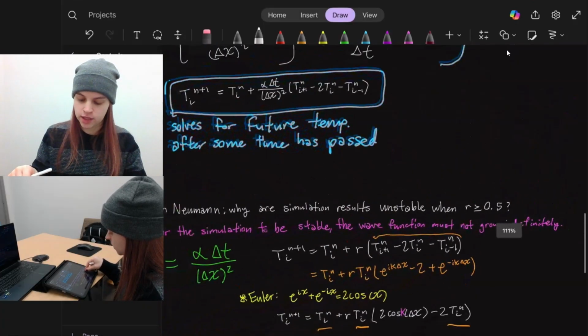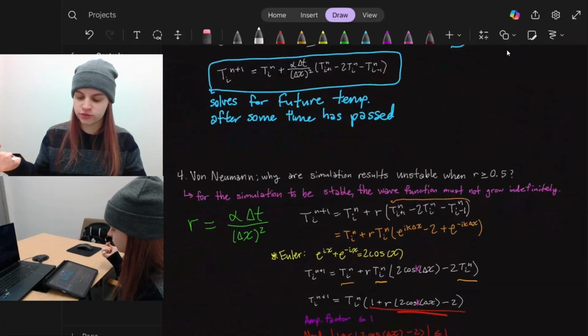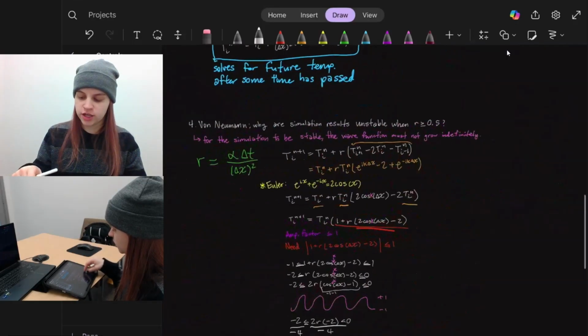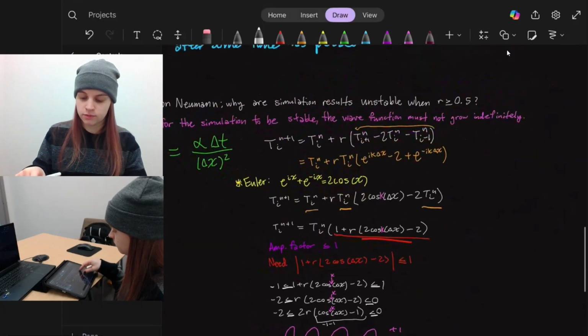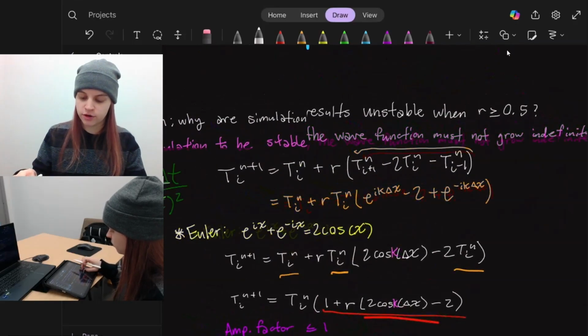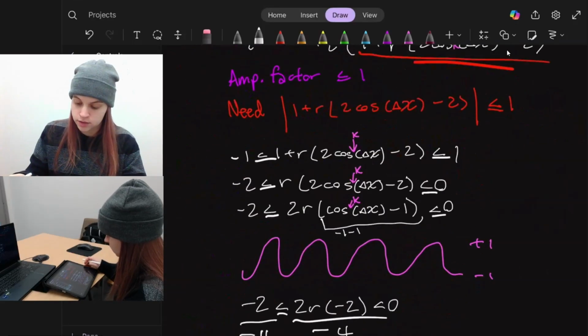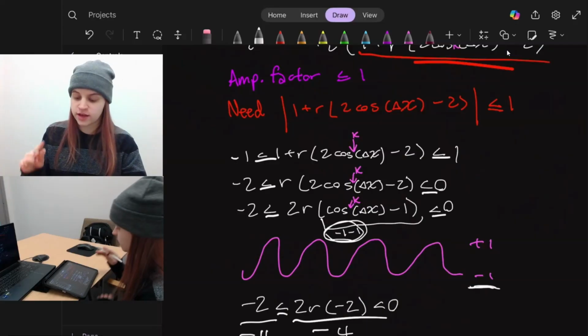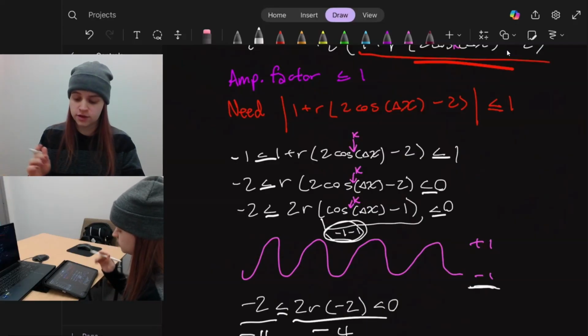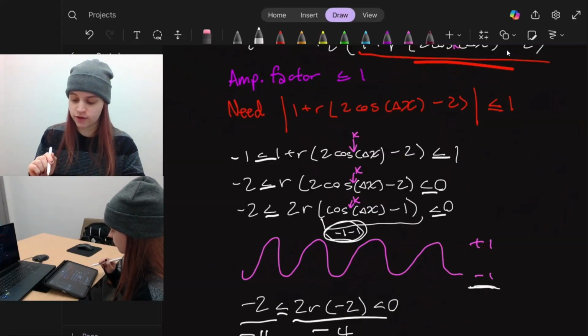which we have in our question: why are simulation results unstable when r is greater than or equal to 0.5? As we can see here, when r is not less than or equal to 0.5, we get the instability with our wave function. As I said, it's worth mentioning, with -1 being the minimum, we could also say that the maximum value that this cosine k delta x could be is +1.